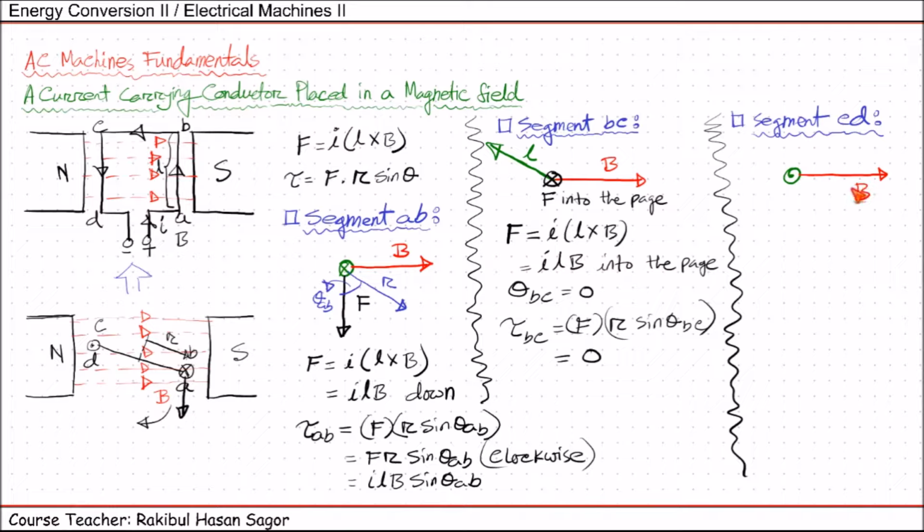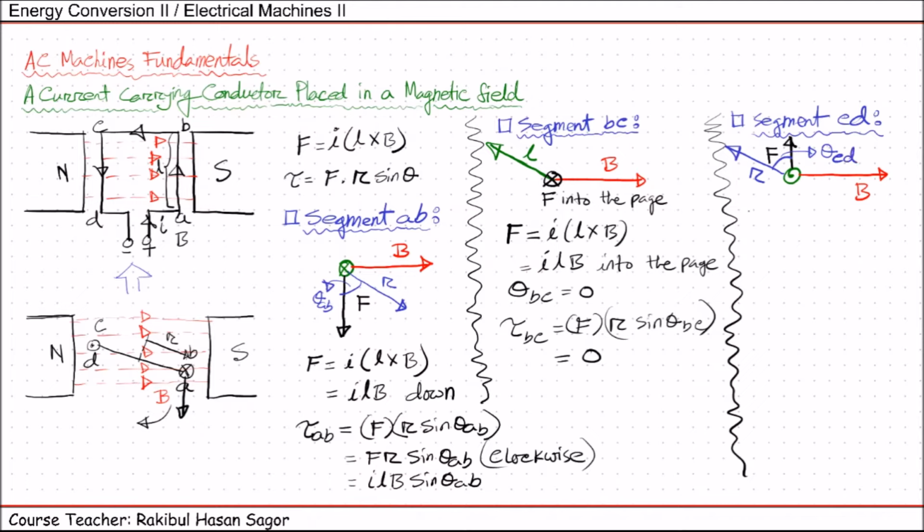If you apply Fleming's left hand rule, you will get the direction of F, and that is upward. This is the direction of F. Similarly, the direction of R will have this direction, and the angle difference between R and F can be denoted as theta CD.